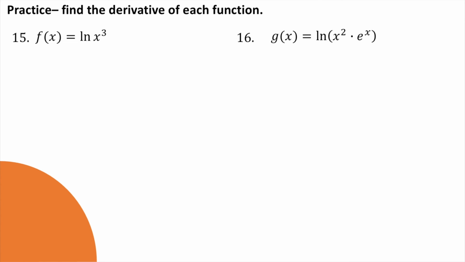Couple more. These are a little bit tricky because it's got natural logs. We learned that the derivative of the natural log of x is 1 over x. But you cannot say that the derivative of ln x cubed is 1 over x cubed.